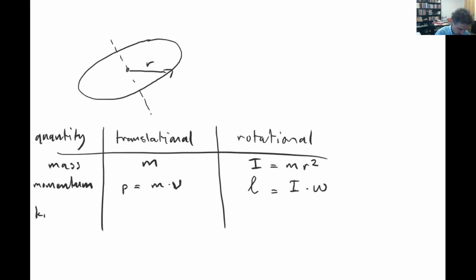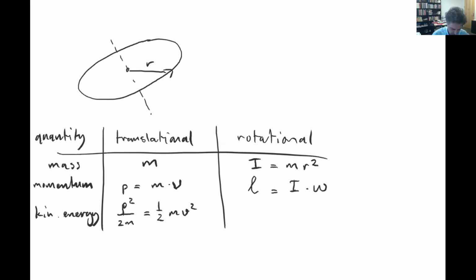Okay, last quantity, kinetic energy. Classically, kinetic energy is P squared over 2m. And of course, if you write it out with the expression above, you get half times m times v squared, very well known. Now, what is it in the rotational frame?